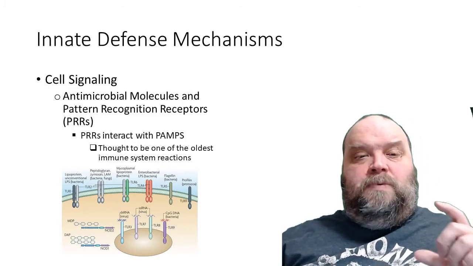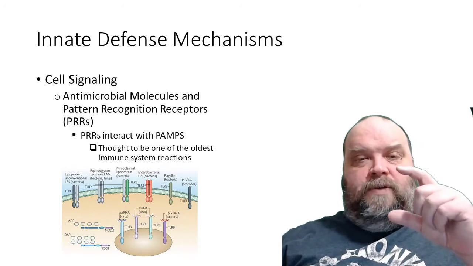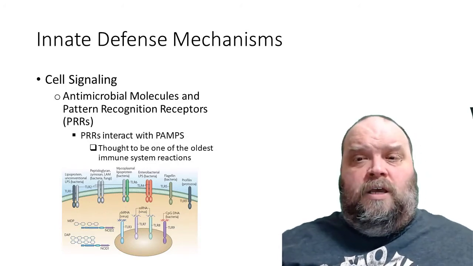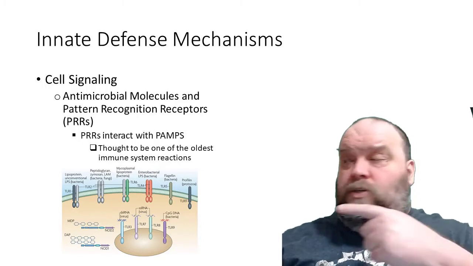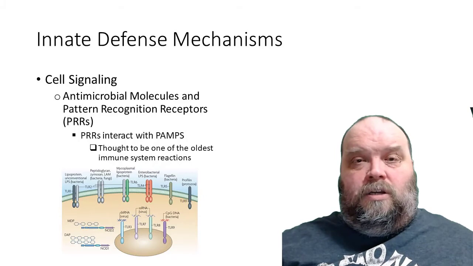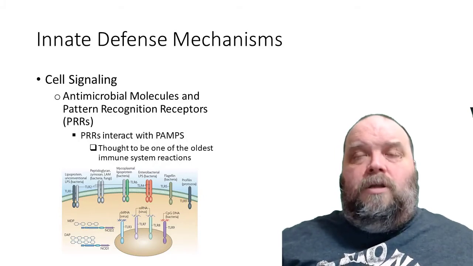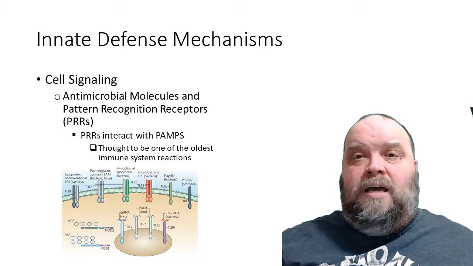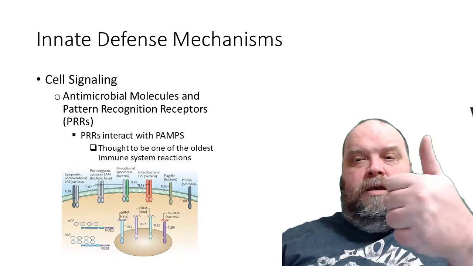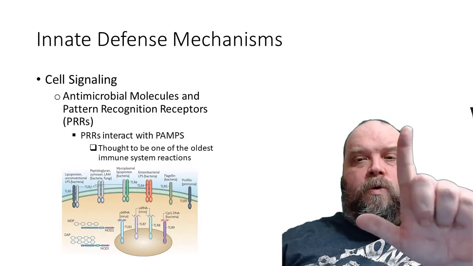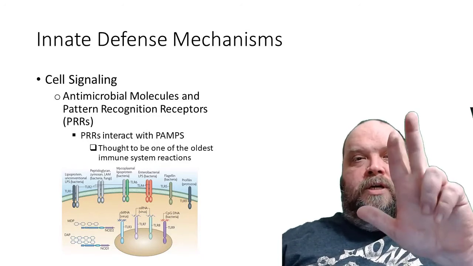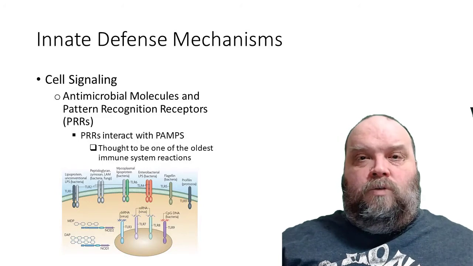We have specific receptors on the surface of our macrophages and neutrophils and a few other cells. These receptors are referred to, as you see right here, pattern recognition receptors. These receptors respond to specific patterns in protein shape or the sugars if it's a glycoprotein, or the sugars if it's a glycolipid.